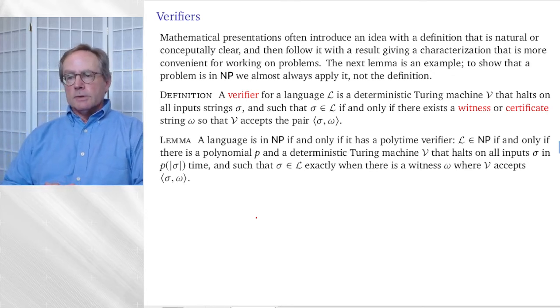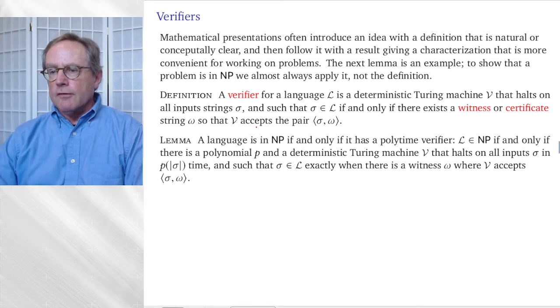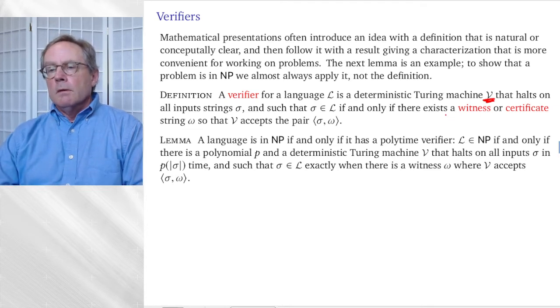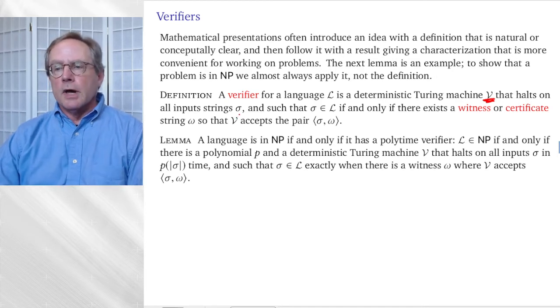Okay, so here we go. It's a little tough, so we're going to work through it at some length. A verifier for a language L is a deterministic Turing machine V that halts on all input strings. Deterministic, so you don't have to worry about different branches halting or not.